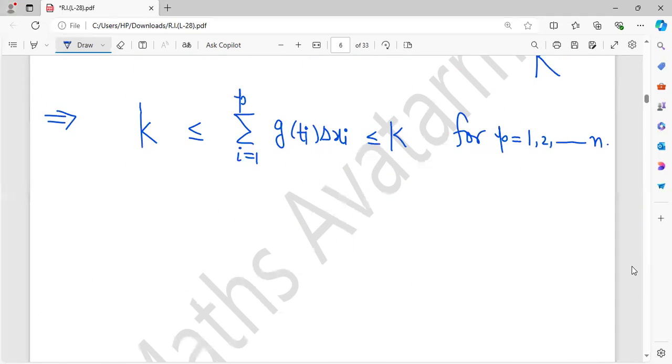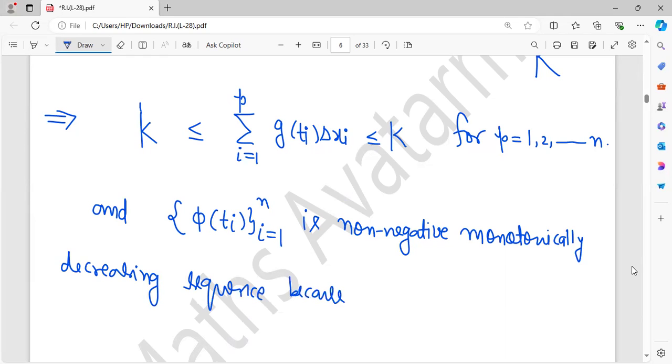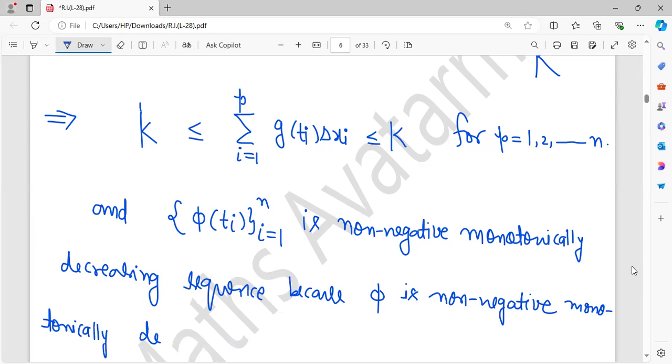Now this is this, and this sequence phi(ti), i goes to 1 to n, is a non-negative monotonically decreasing sequence, because phi is a non-negative monotonically decreasing function.